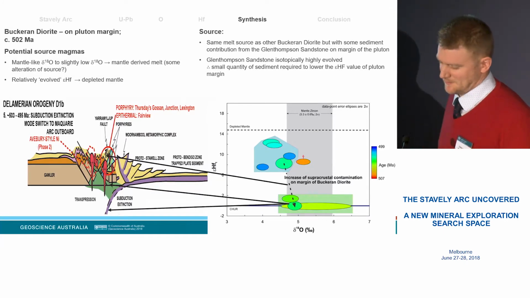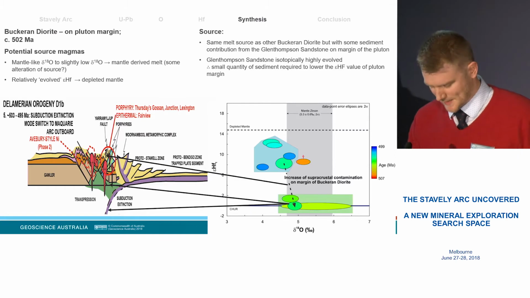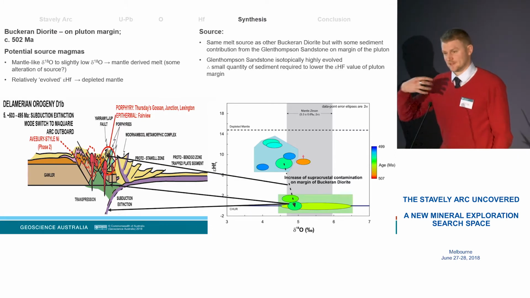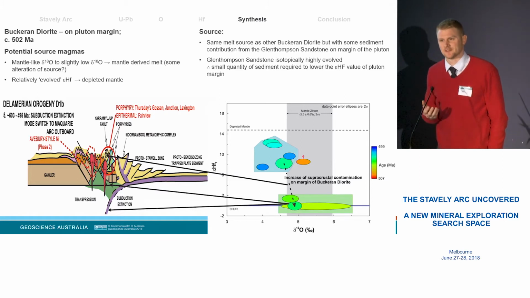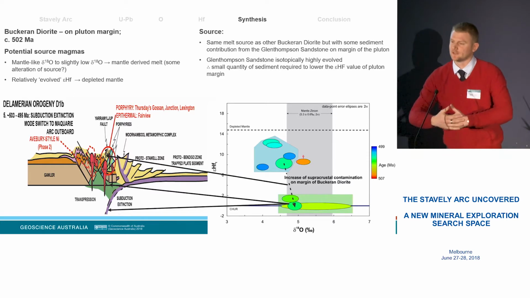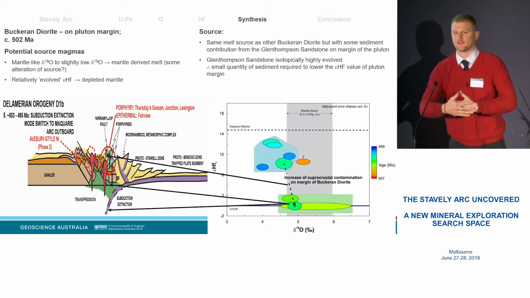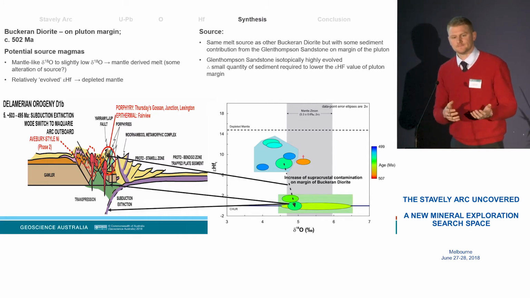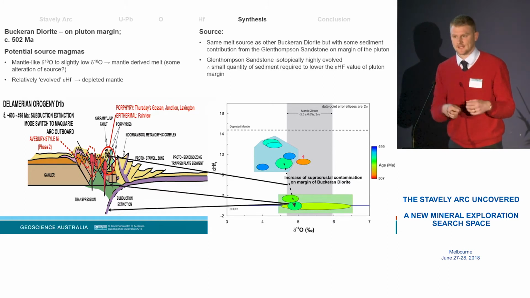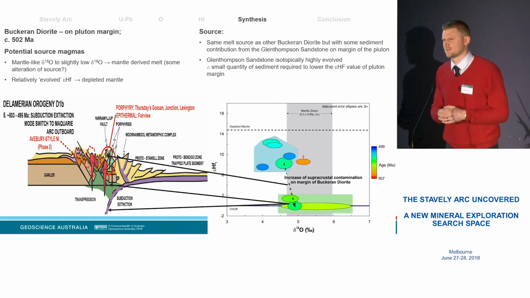We also interpret that with the buckra and diorite, what may be happening is, as it's intruded into the Glen Thompson sandstone, which you may recall I said was highly evolved, you're getting a little bit of melting going on at the edge of that buckra and diorite pluton. And hafnium, in the zircon sense, is really susceptible to change, particularly if you're interacting a juvenile hafnium signature with something more evolved.